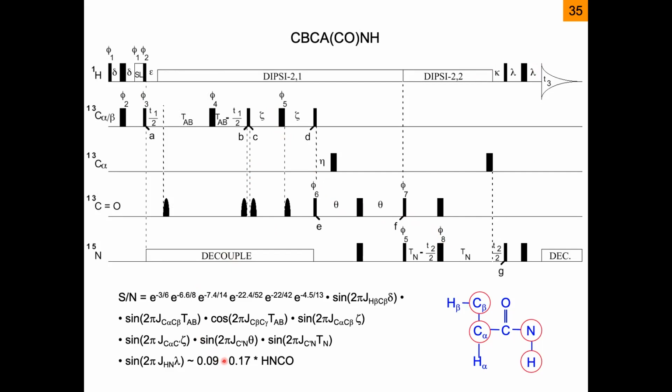But now you get C beta frequency information, which tells you something about the amino acid type. And actually, this experiment at the same time still gives you the C alpha frequencies, because you could also start on an alpha proton, get C alpha carbon transverse magnetization, and then stay on C alpha.